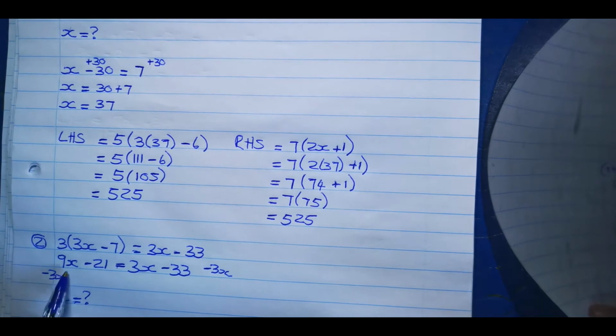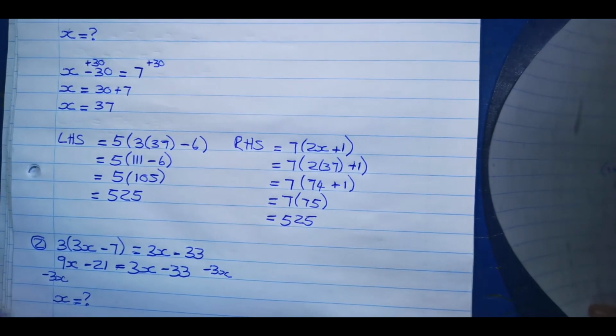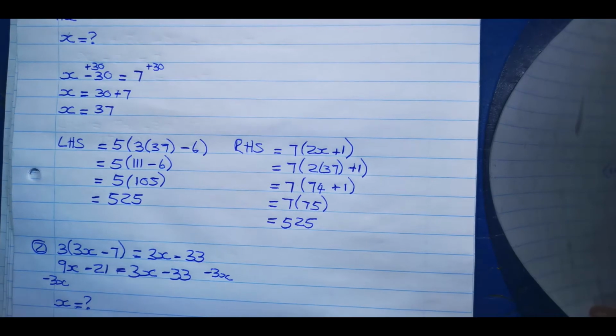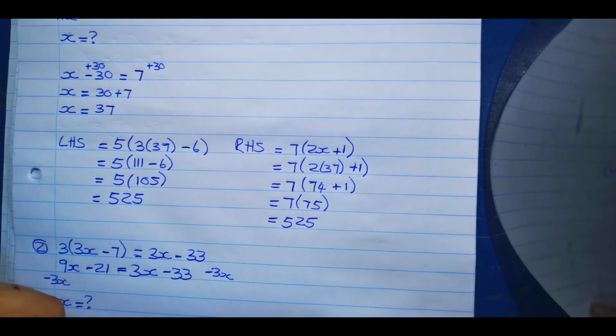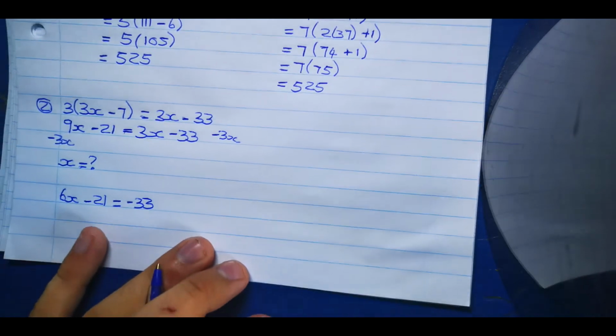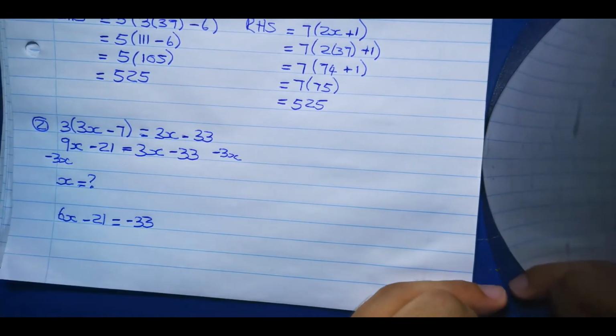So it is 9x minus 3x, which is 6x minus 21 is equal to, now 3x minus 3x is just 0, and then we're left with minus 33. Sorry for that.